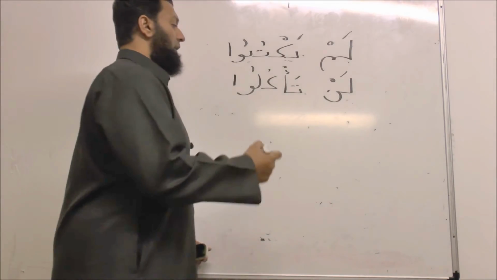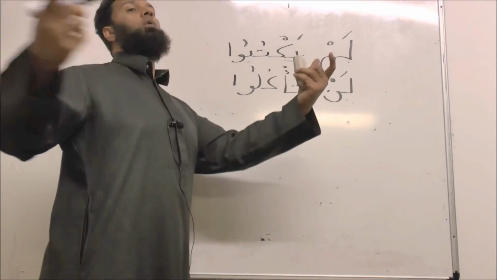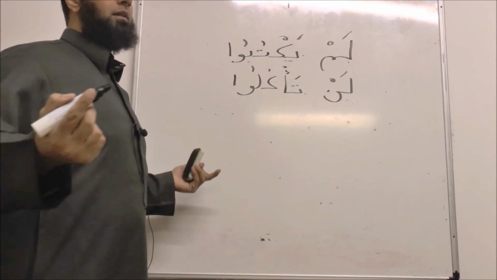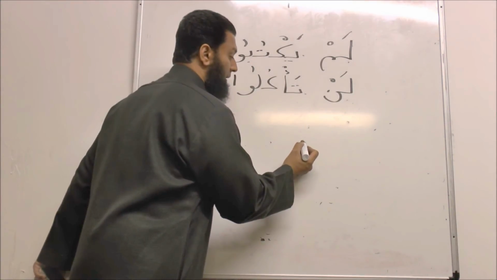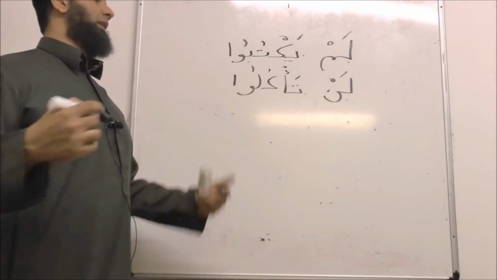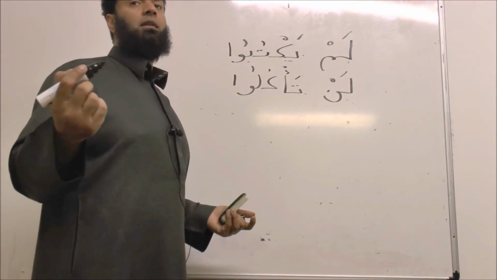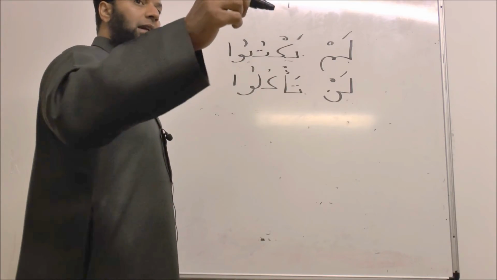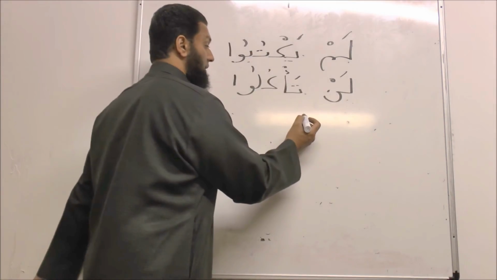Right? We, plural male or female, are drinking. So shariba is he drank. How do you say we are drinking? Sharabna. That's the past tense, ya akhlaq.